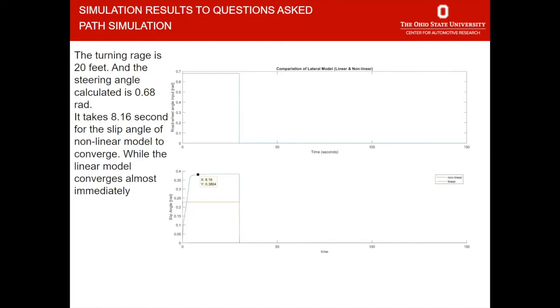For the model's rear angle, we set 0.68 for the first 30 seconds, and then it becomes 0. It took about a second for the slip angle to settle down for the nonlinear model, but the linear model gets stable almost immediately.